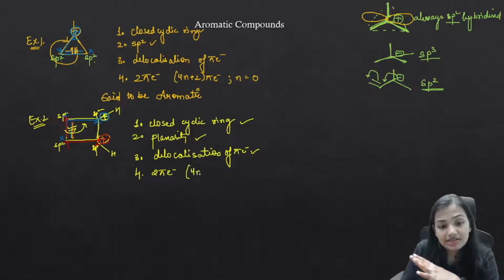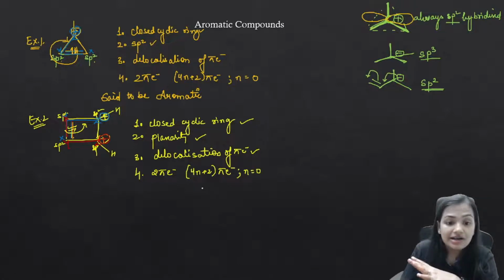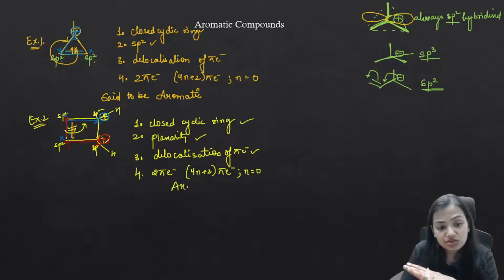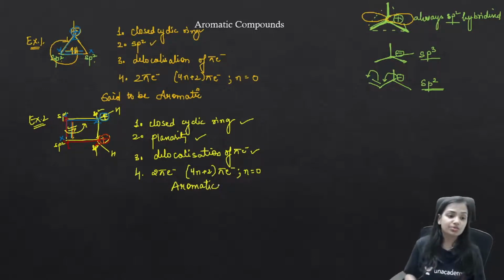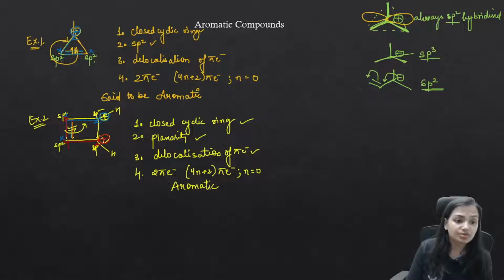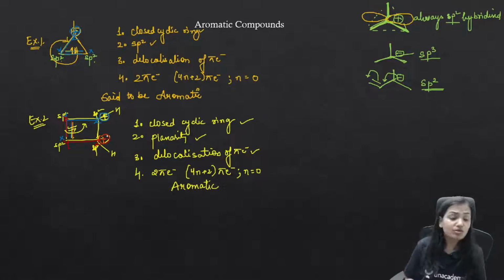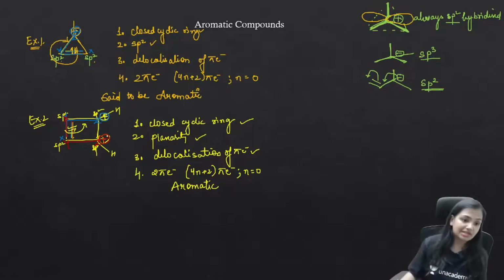Ultimately we can say this obeys the 4n plus 2 pi electron rule for n equals 0. So this compound is said to be aromatic. Sometimes students feel that if there are two positive charges, then it is not aromatic. No guys, this is not so. If it is part of a conjugated system and the ring is planar, it could be aromatic, and yes, here this compound is aromatic.